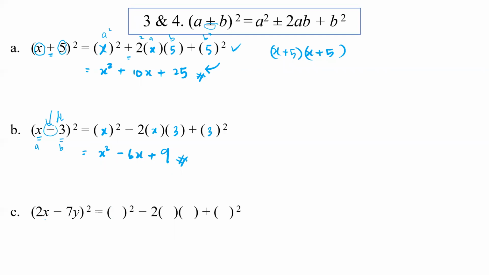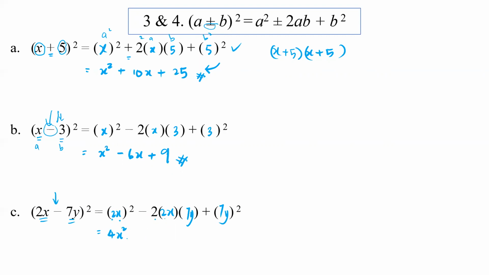The last part, this is a, this is b, so a squared minus, because this is minus, so minus 2ab. The a is 2x, b is 7y, plus b squared, 7y. So expand it. Now you have 2 items inside the bracket, so each and every item must be raised to power 2. So we have 4x squared. Careful, yeah? Minus 2 times 2x times 7y.